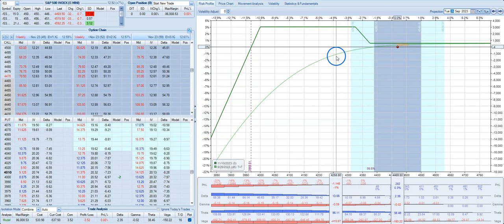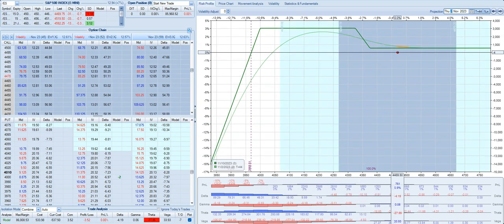So at 7 DIT, days in the trade, this would be a drawdown of about $1,200. And if we look at the same trade with 8 days until expiration at 42.50, this trade would show a positive $2,500 P&L.